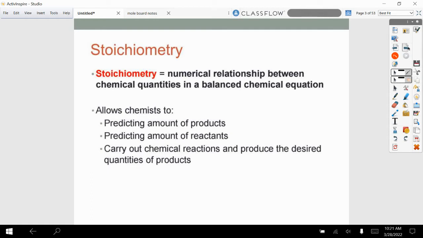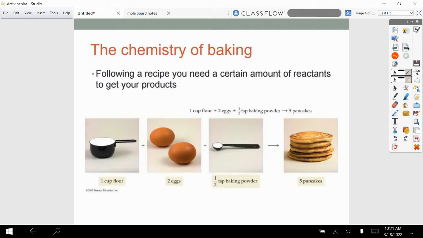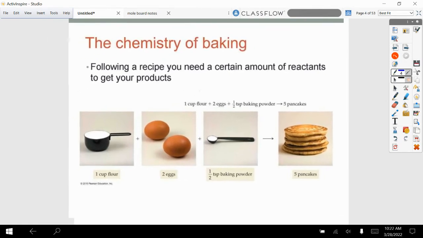One example that we normally use whenever we talk about stoichiometry is baking. Baking is a type of chemistry. Whenever we're looking at baking, we have a recipe, which is essentially our reactants, and then we get our products, which hopefully are yummy at the end. But what we find is that we can relate what we have as our reactants and our products.